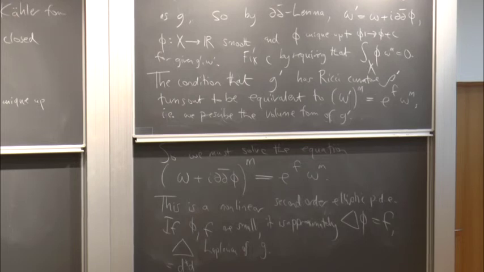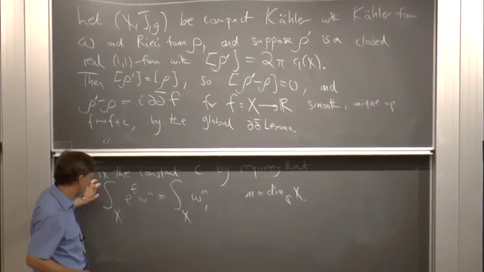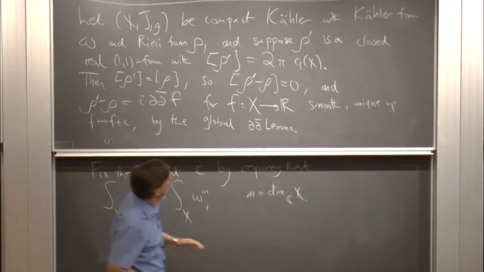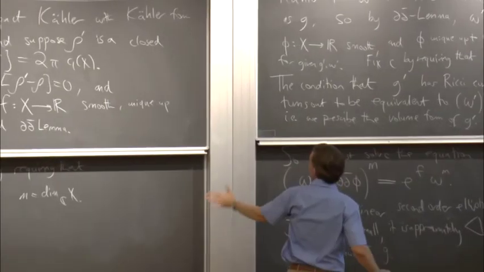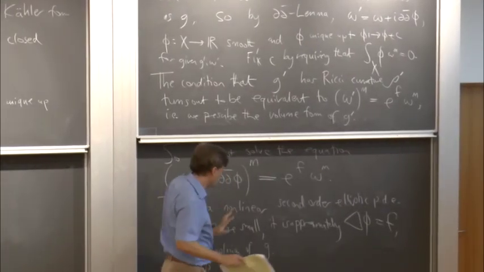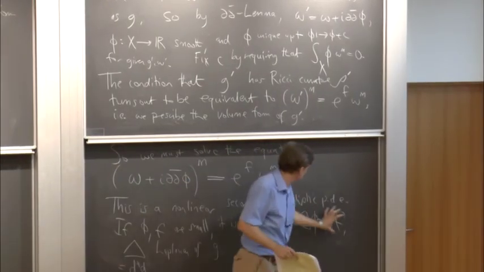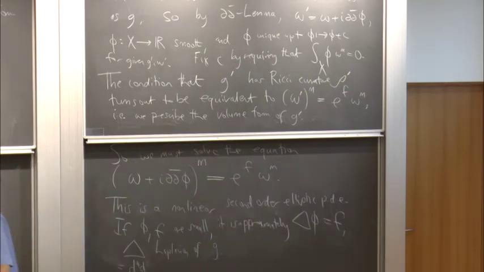This fixing the constant here, if f is small, then this approximates the integral of f being 0, and I've got the integral of phi being 0 here. So those two conditions, if f and phi are small, are essentially the conditions for the existence of a unique solution there. Okay, so this is an equation of a type called a Monge-Ampère equation.